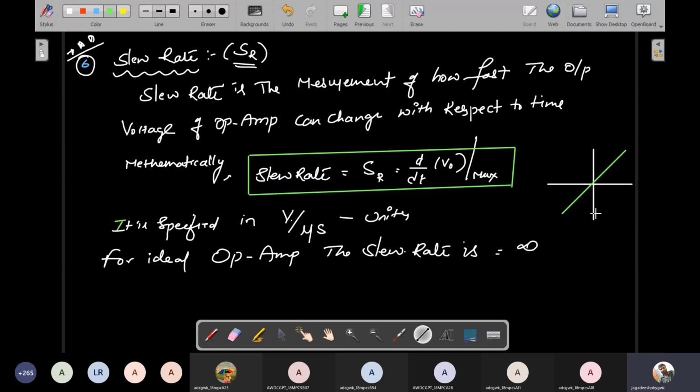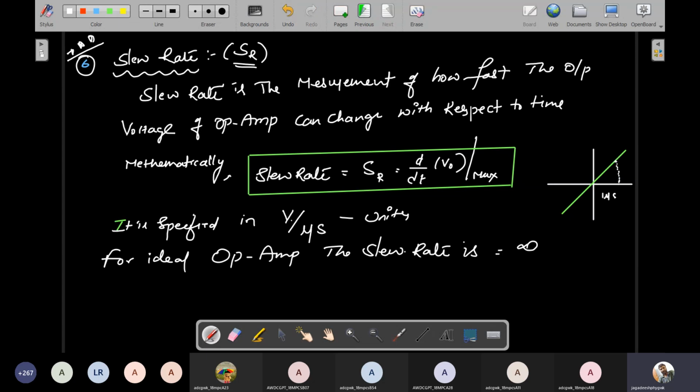Okay. So first suppose this is 1 microsecond. This is 1 microsecond, 1 microsecond.